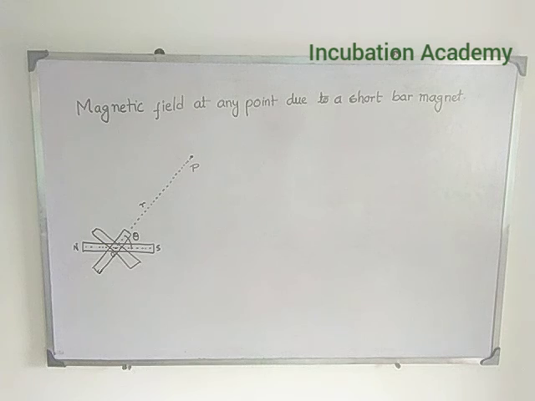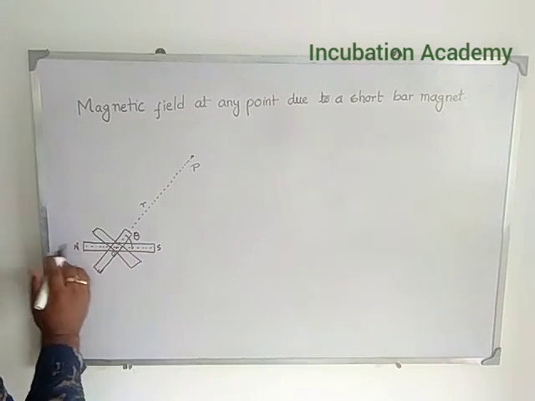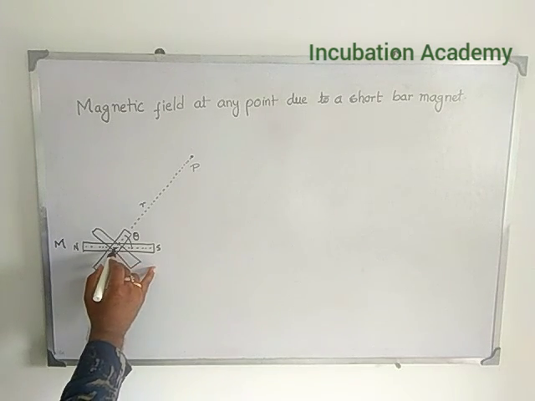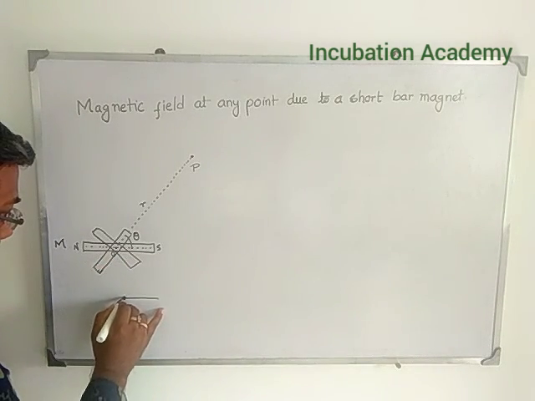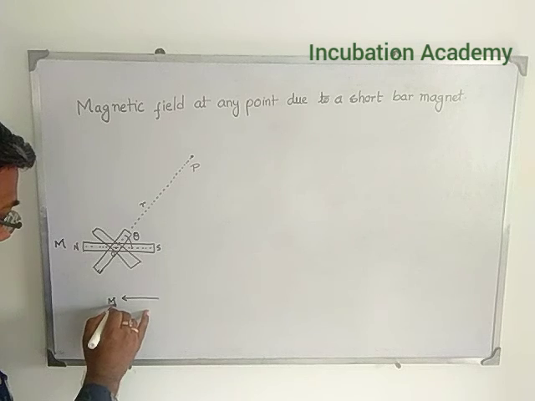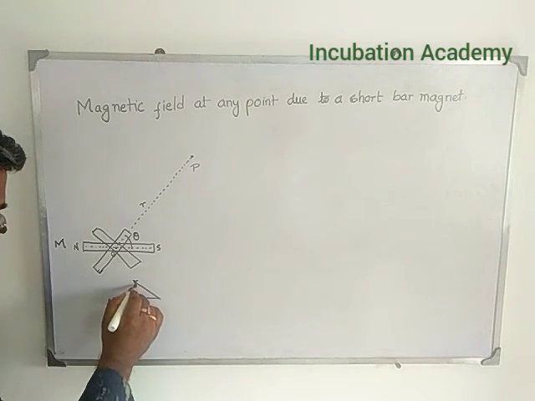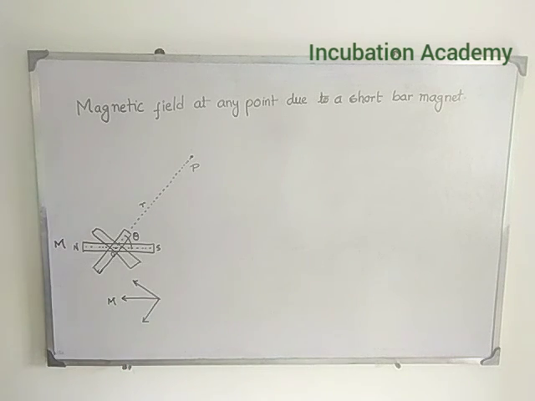So the magnetic moment of this bar magnet is actually m. If this direction is m, then we find the two perpendicular components of it.